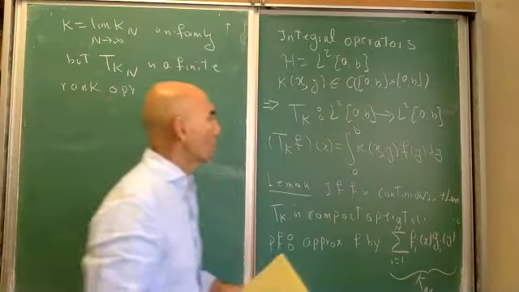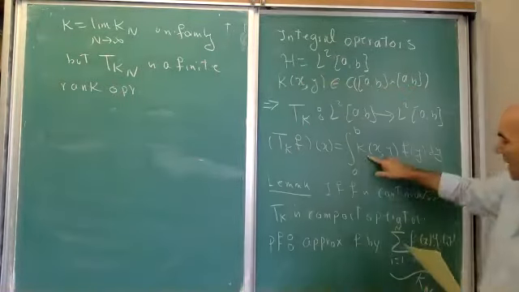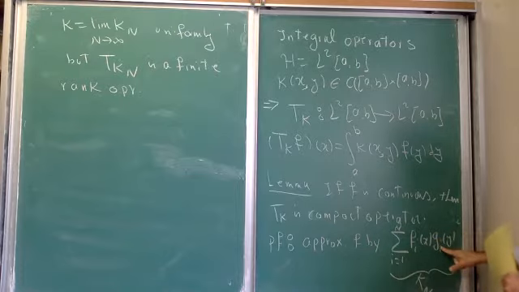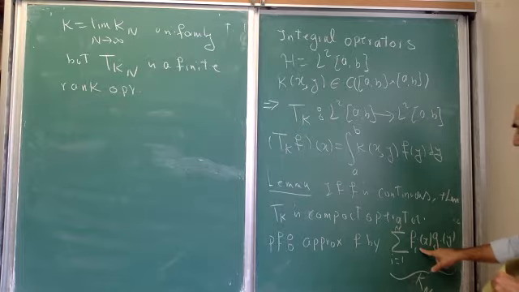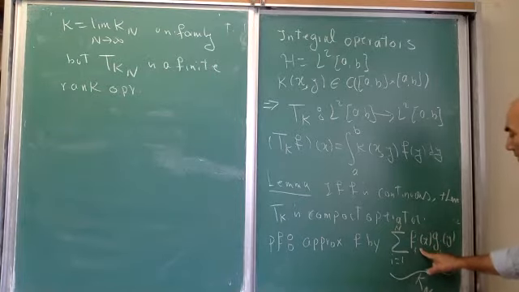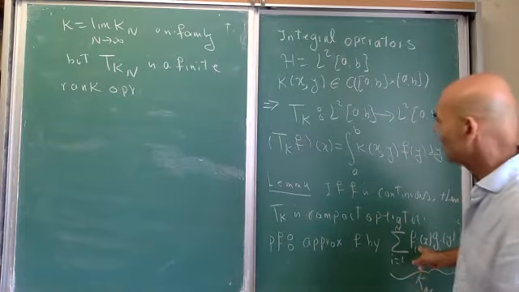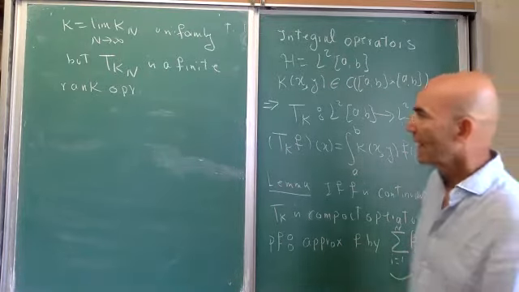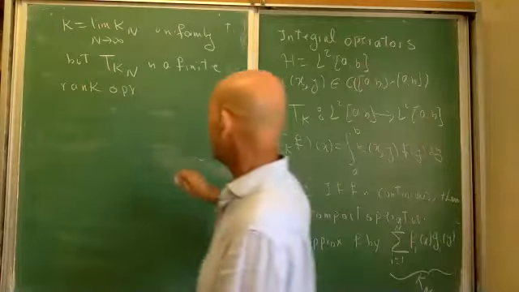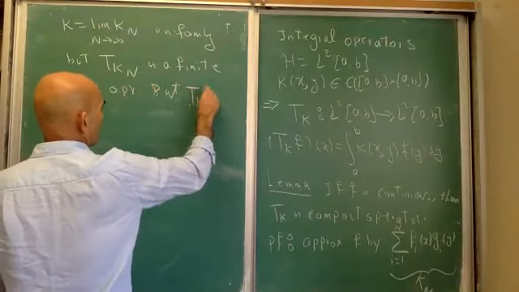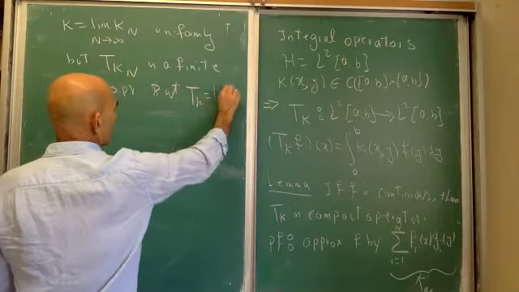Because if you go through this process, replace K by Kn, there are these integrals gi of y, f of y to calculate. Everything is written as a linear combination of these n functions f1 up to fn, right? So it's a finite rank operator. But T of K is a norm limit of T of Kn's.